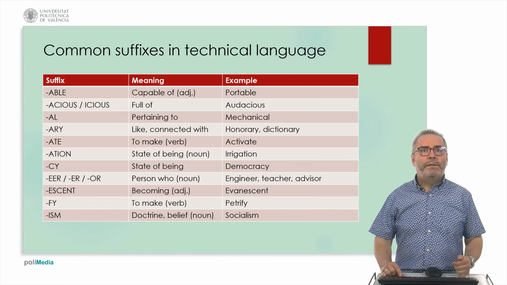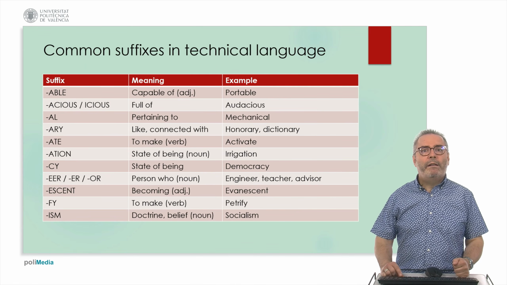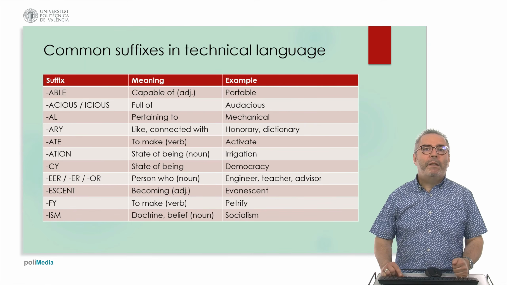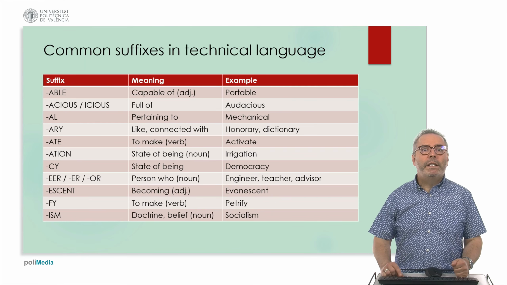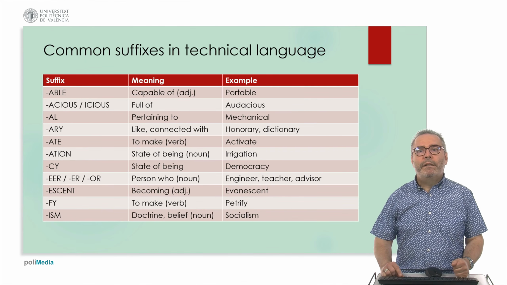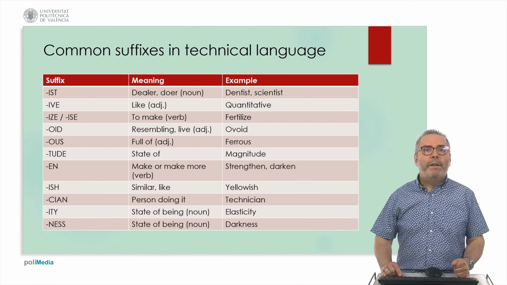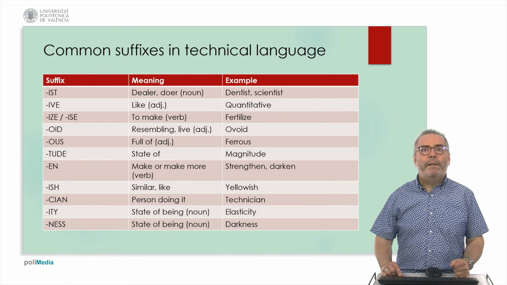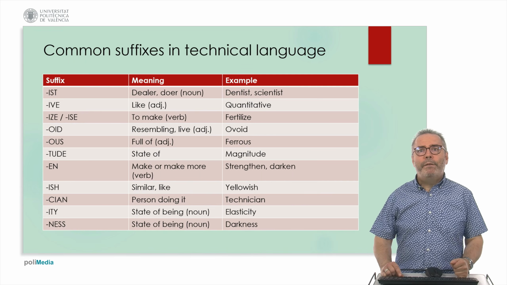And we have a collection of suffixes: -er, -or, person who does something, engineer, teacher, advisor. We have -fy, to make, petrify, -ism, related to the time, socialism. And -escent, meaning becoming, evanescent. We have -ist, dealer, dentist. -ive, like, quantitative. -ize, to make, very important.